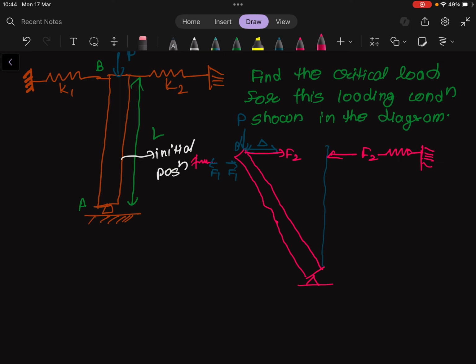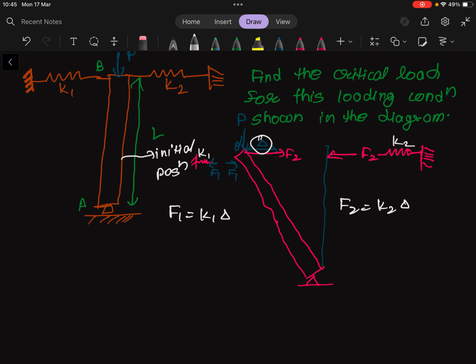And this is delta position. So the force F2 is given by spring constant K2 dot delta, that is displacement from its initial position, and here F1 is equal to K1 delta. So let me write here K2 and this is K1 here. So this is our free body diagram for this condition.